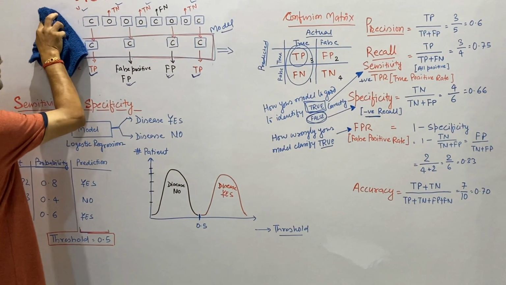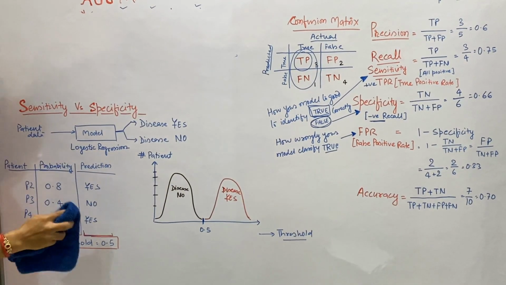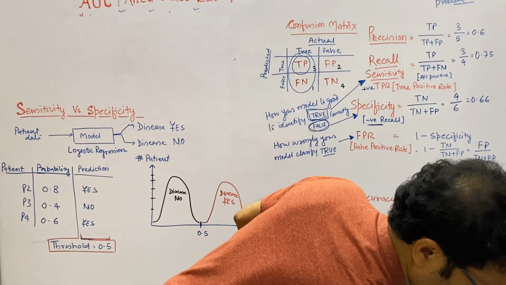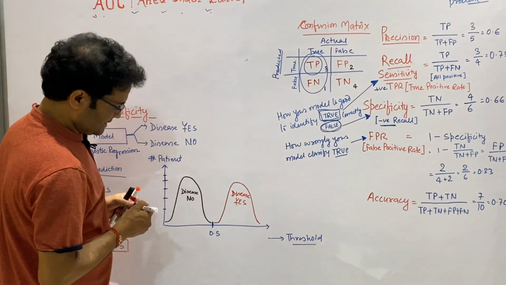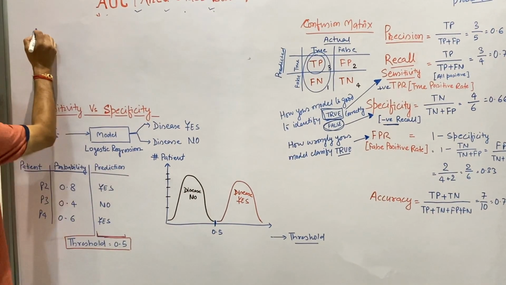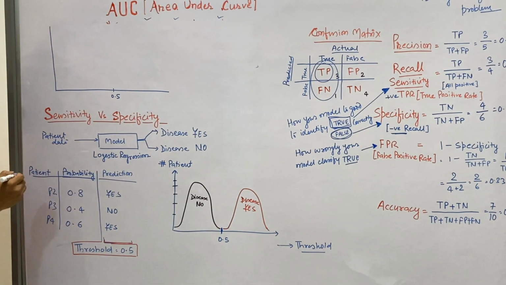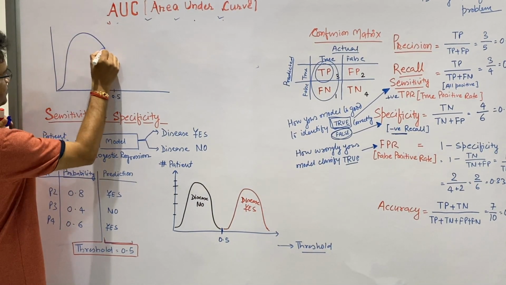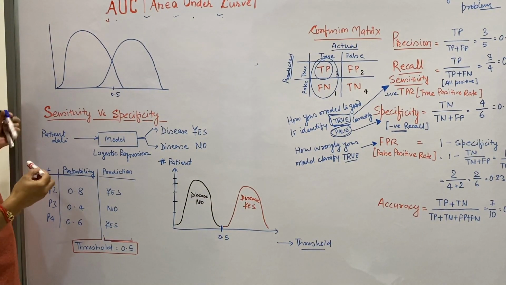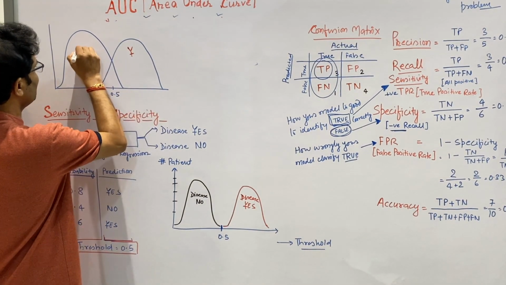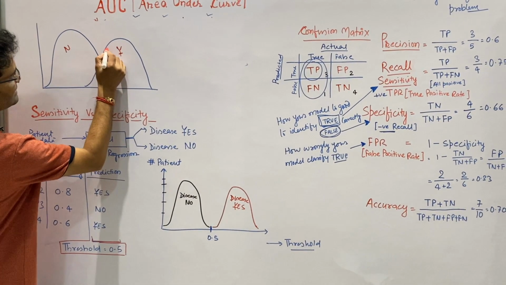Now take the same diagram, and if I say 0.5, so if you draw, this part is your disease yes part, and this is the no part, and if your threshold is 0.5, then the yes part is this much, right?